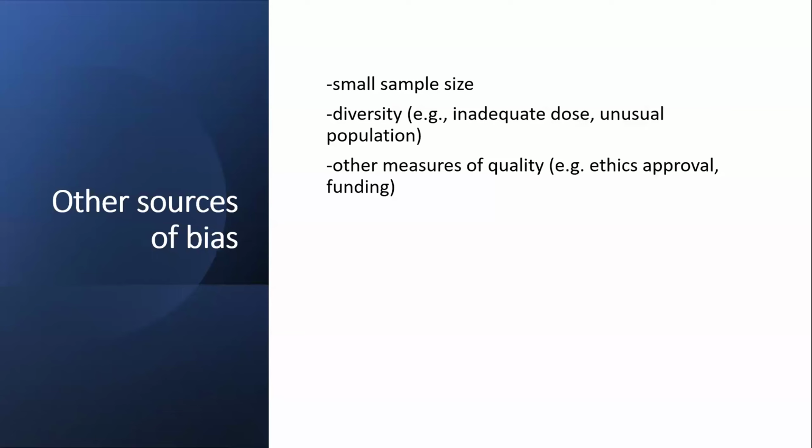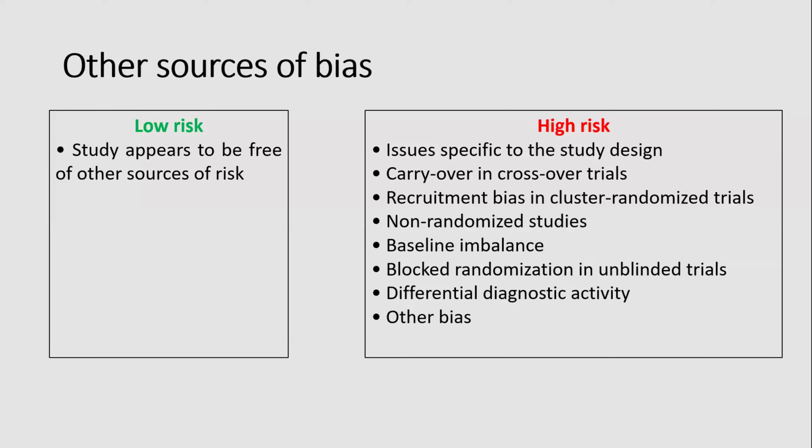Then other sources of bias can be many things. For example, if there is a small sample size, if there is any diversity of the population, like inadequate dose or unusual population, or other measurements of quality, like ethical approval was needed for the study but was not taken, or funding they might have received in the study but they have not provided data on who the funders were. Those kinds of things will be other sources of bias.